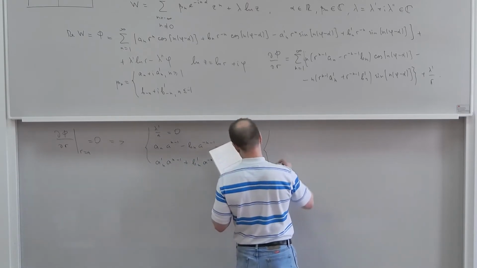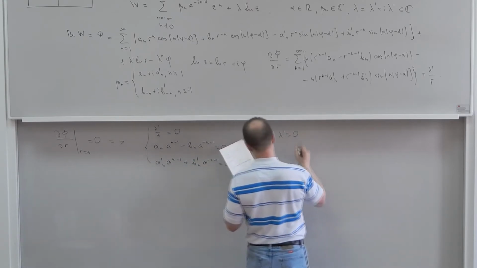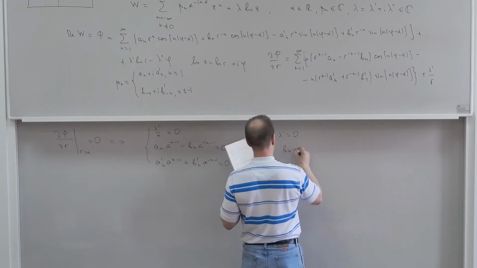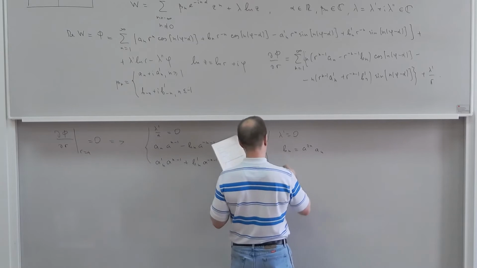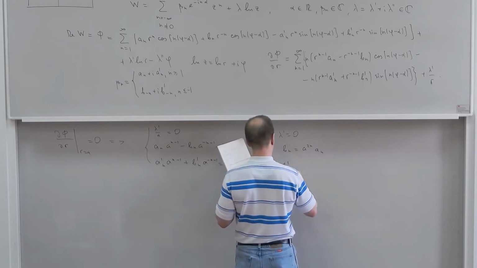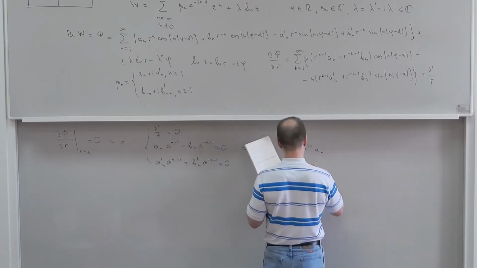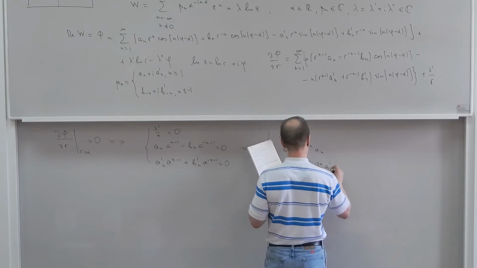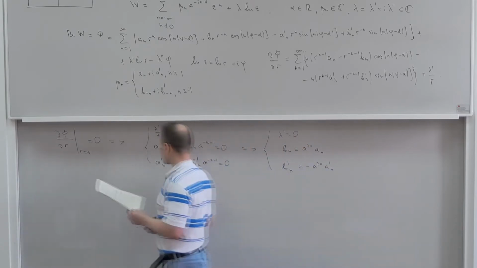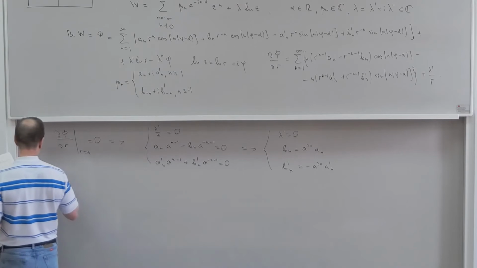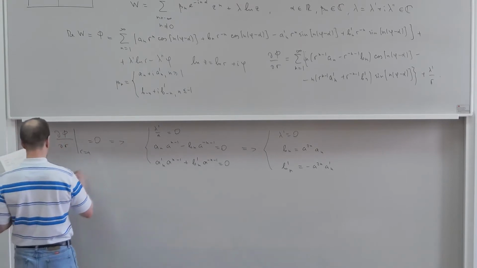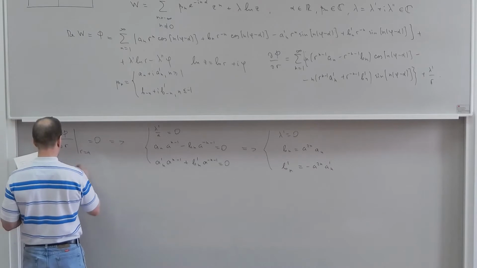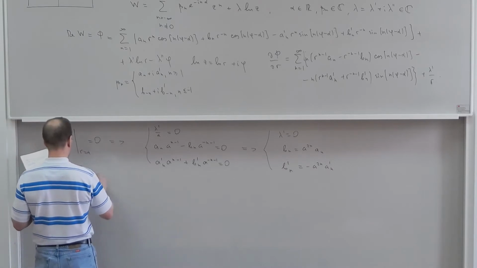Solve it. The result is that the real part of the complex potential is written in the following form.